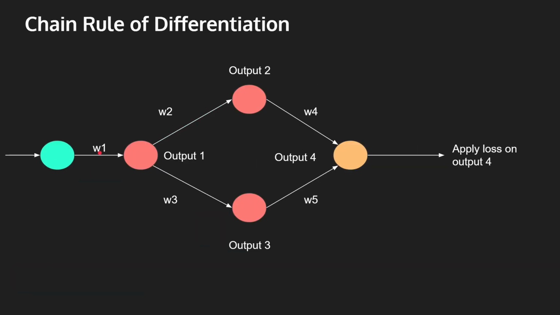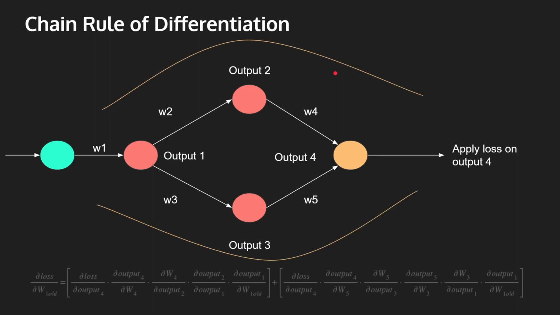Okay. Now, what if we have a graph like this? How do we calculate this using the chain rule of differentiation, since we have two paths that we can take? Yeah, we have two paths. Whoa, this is very long, right?